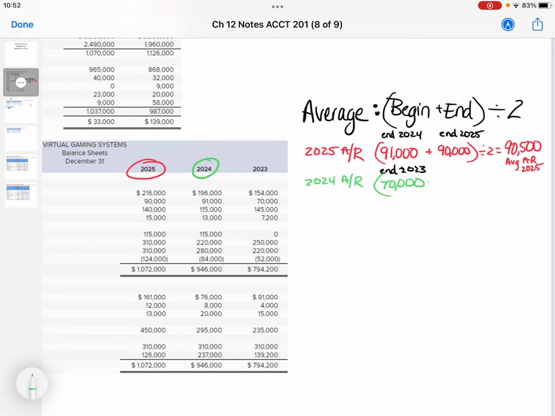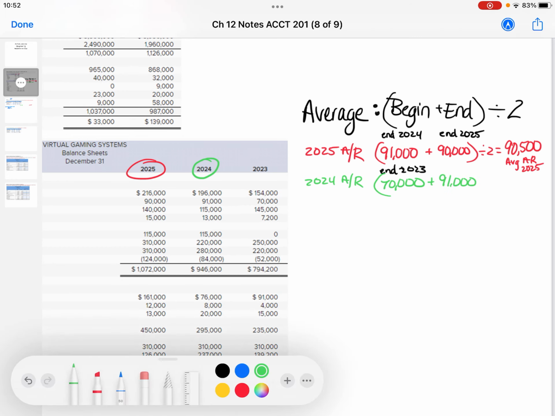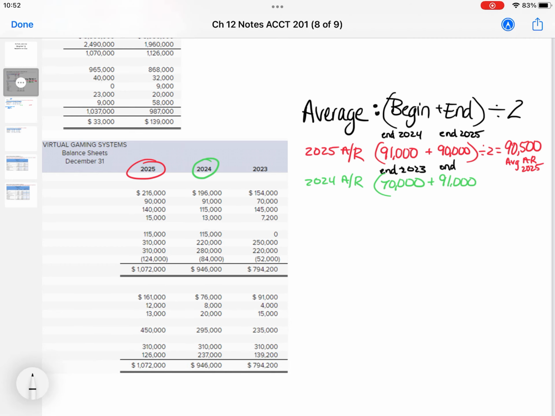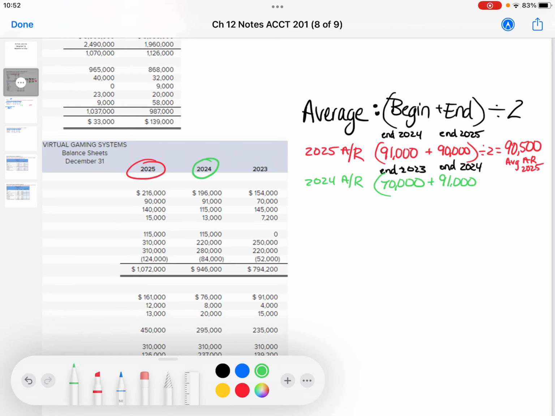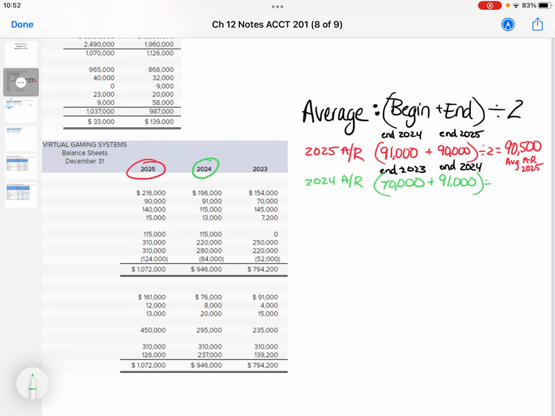Okay, and then I'll add that to my ending balance, which is the end of 2024. And we'll add those two together. And then, of course, divide by 2. And we'll get average accounts receivable for 2024 of 80,500.